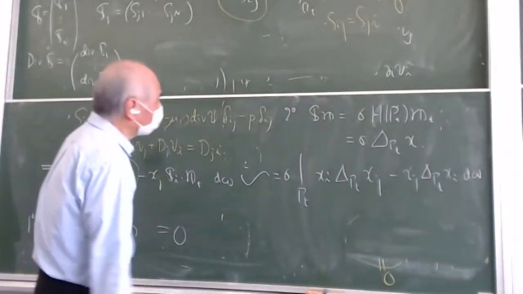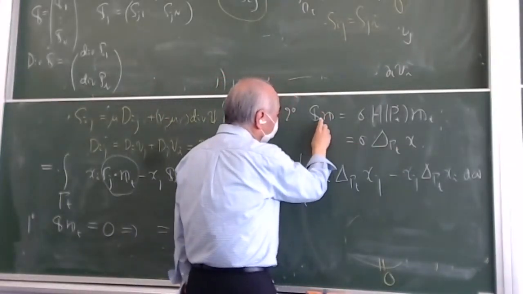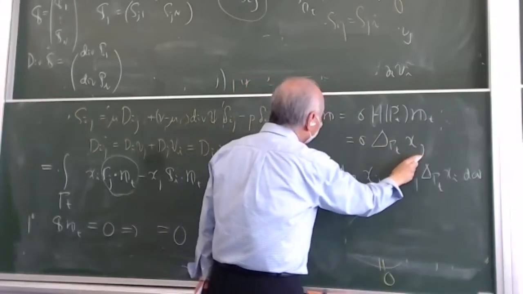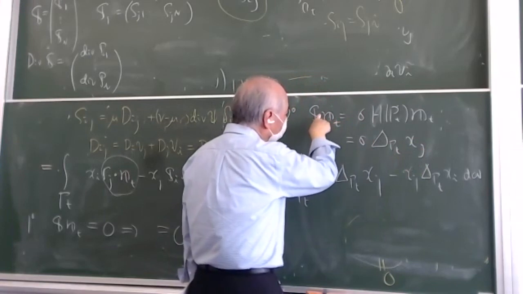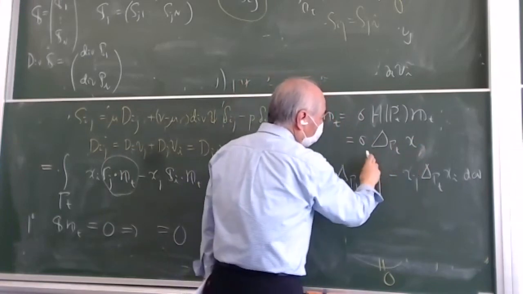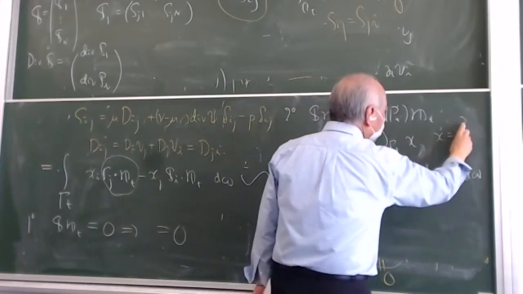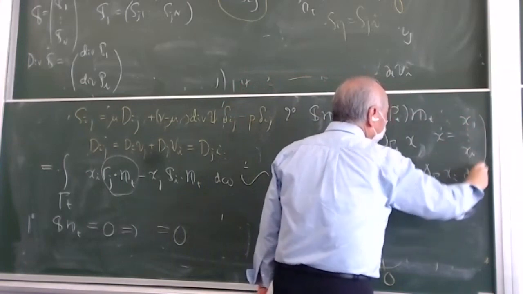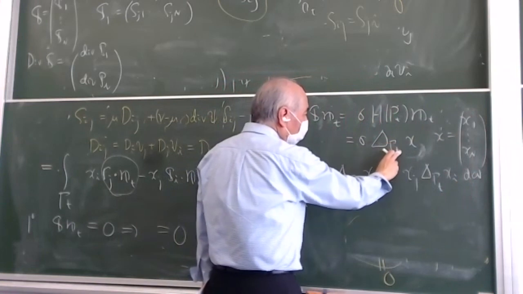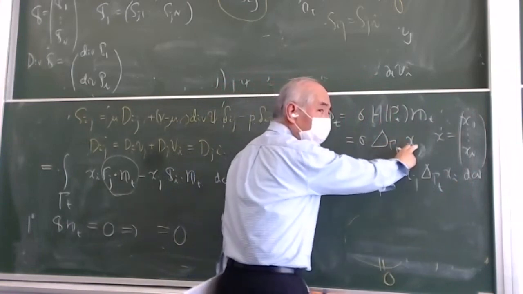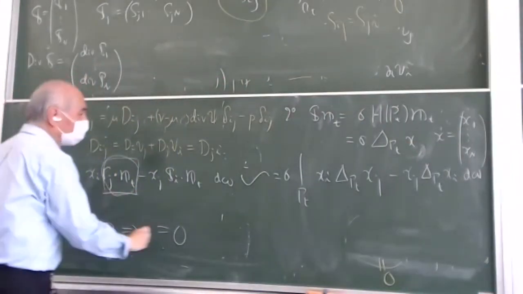This is just the j component. If you write this, the nth component of this is the nth component of this one. X is a point. The ith component of this is delta_n gamma_t x_i. So here is this one.